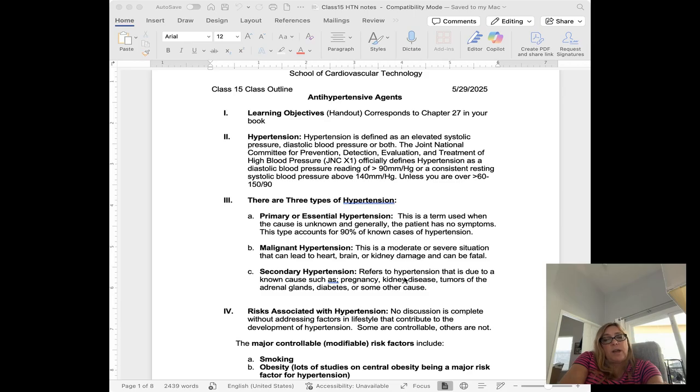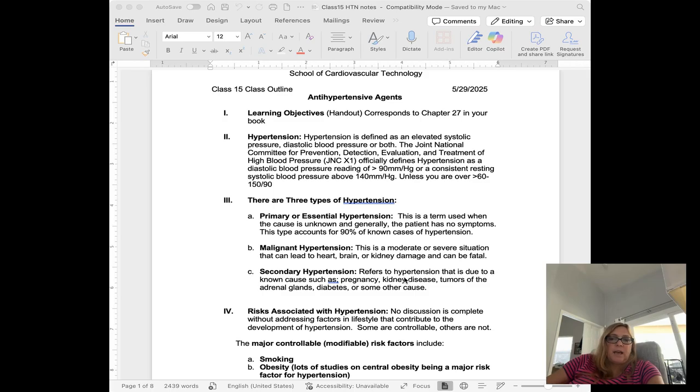We do know that when you have malignant hypertension or any hypertension long term that's not managed, that high systemic vascular resistance will be elevated. It will affect cardiac output, and that high resistance is damaging the kidney.